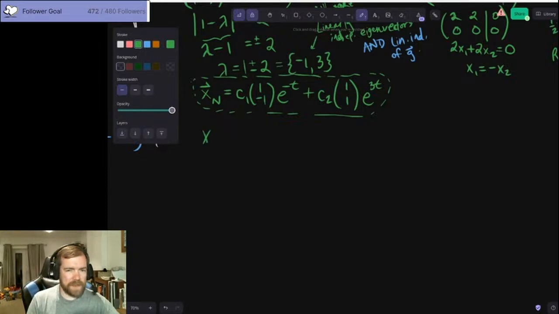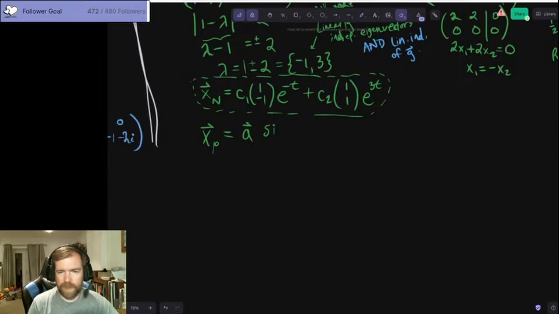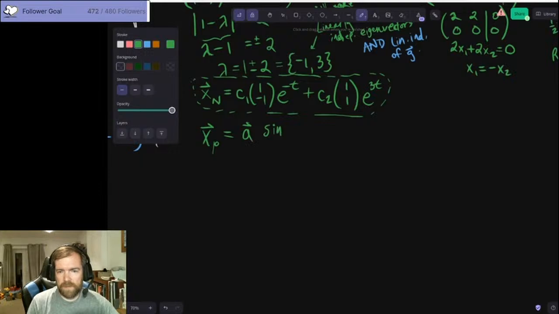In this particular case, what we would like to do is to take our particular solution and say that we had an A vector times sine of t, plus a B vector times t.